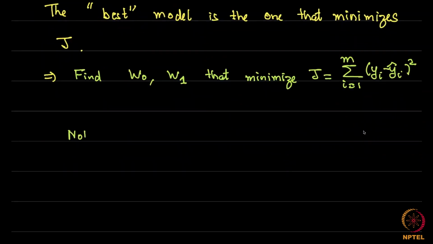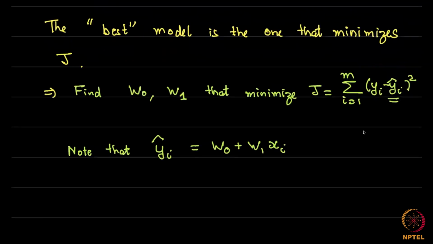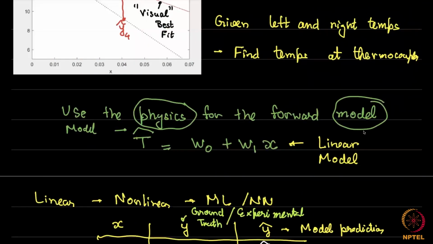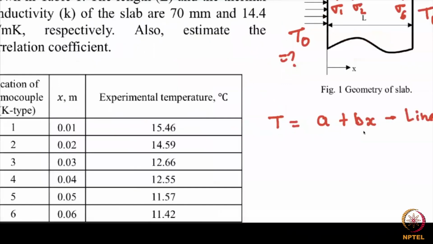Note that W0 and W1 are actually hidden within here. Y hat i, our model, is W0 plus W1 times Xi. What does that mean? Let's go back to our example once again, which is why we introduced this first.